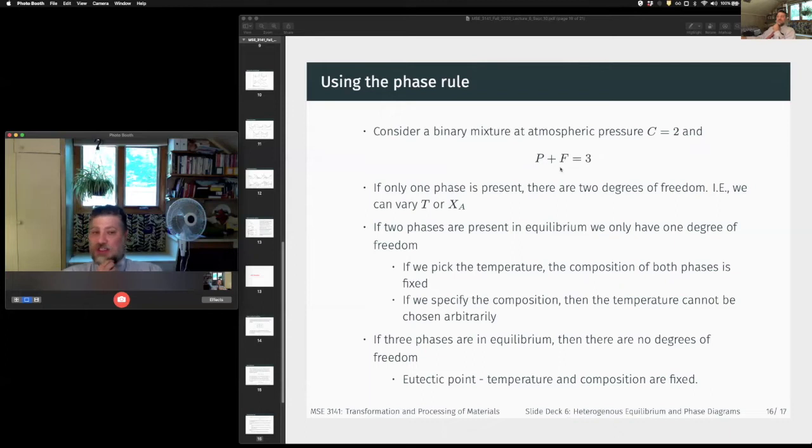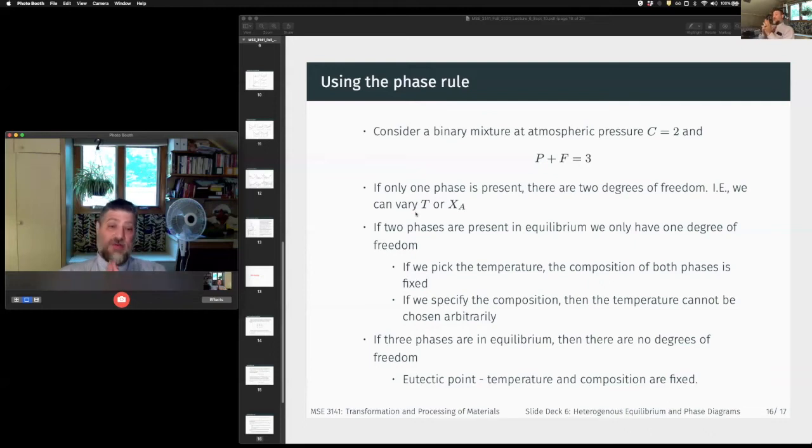So if we're in a single phase region on our phase diagram, I can alter the temperature or the composition and stay within that region. When I say vary T, I mean differential, T plus or minus dT, or composition, mole fraction plus or minus d mole fraction. So we can vary these 2 degrees of freedom and still stay in our same phase region.